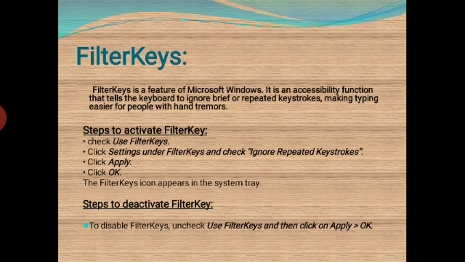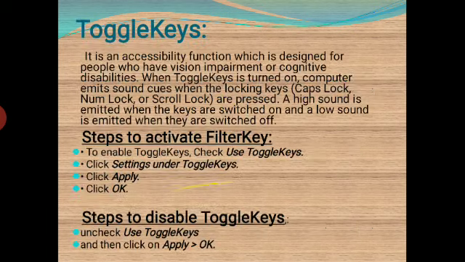It means that if by mistake the same key is pressed for a long time, it will not react, even if it is pressed for more than 5 seconds. We will learn how to use the filter key in the practical session also.